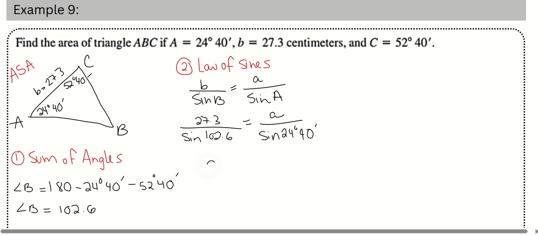So we end up with a times sine of 102.6 is equal to 27.3 times sine of 24 degrees and 40 minutes, and we want to divide all of that by sine of 102.6.